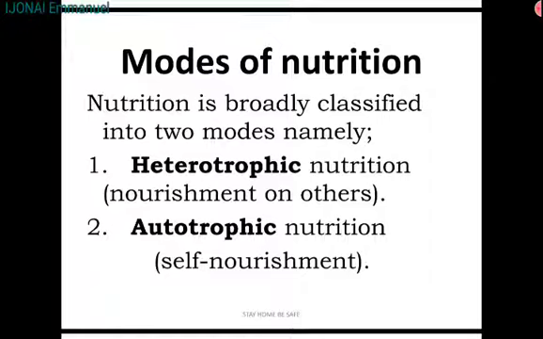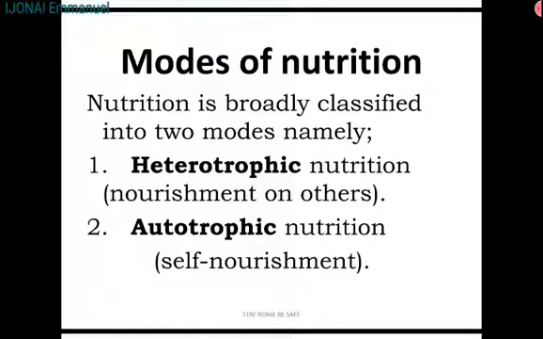And then we have the other mode of nutrition, and that one is called autotrophic nutrition, from the Greek words auto and trophikos. Auto meaning self. You've heard of automatic vehicles, automotives. Those are self. You've heard of self-drive cars. So auto meaning self, and trophic meaning feeding or nourishment.